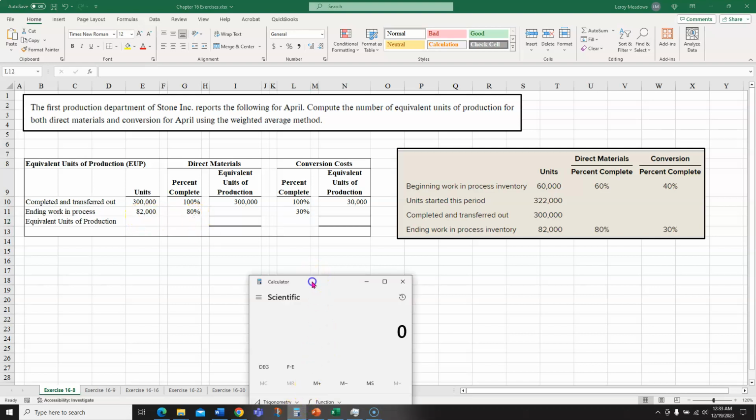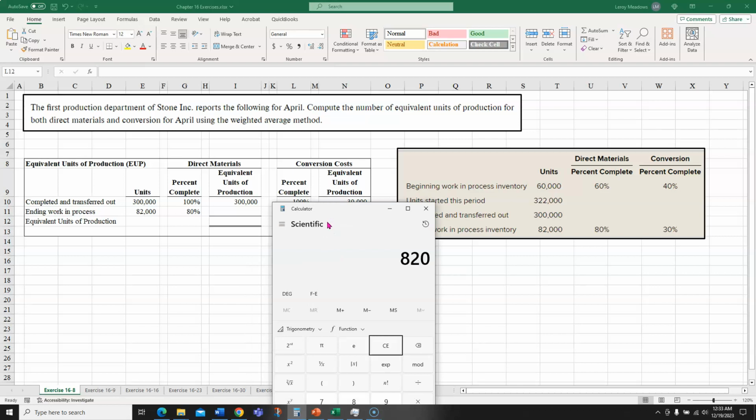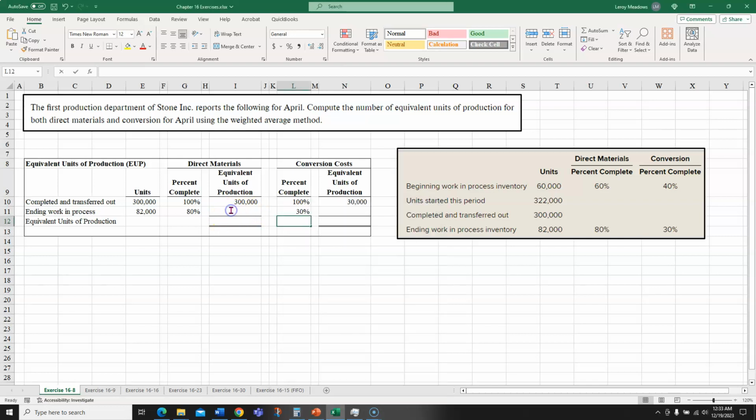So 82,000 times 0.80 gives me 65,600. So let's put that in here, 65,600. So my total equivalent units of production for direct materials is 365,600.